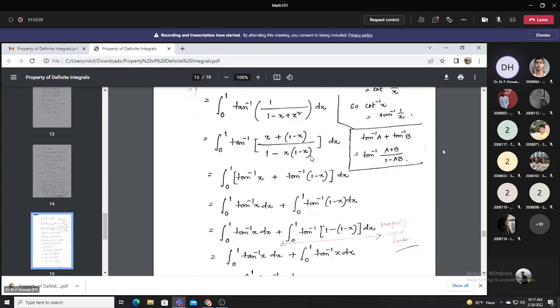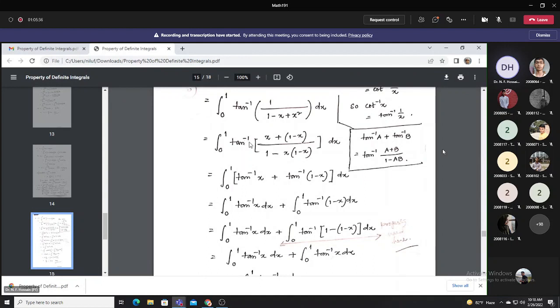So now let us use the property of this inverse circular function, tan inverse a plus tan inverse b. You know the formula, it is equal to tan inverse a plus b divided by 1 minus a into b. So here if you consider this x as a and 1 minus x as b, so a plus b divided by 1 minus a into b, and this is tan inverse.